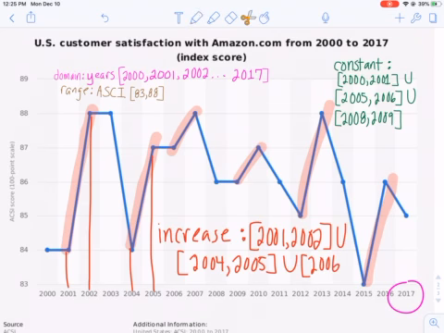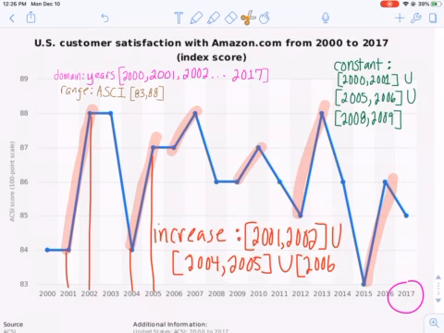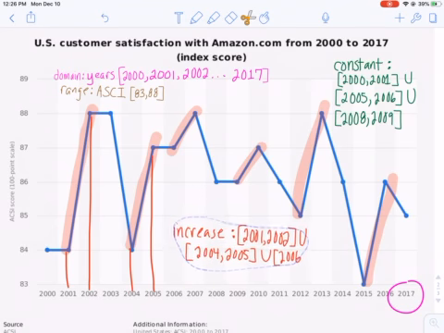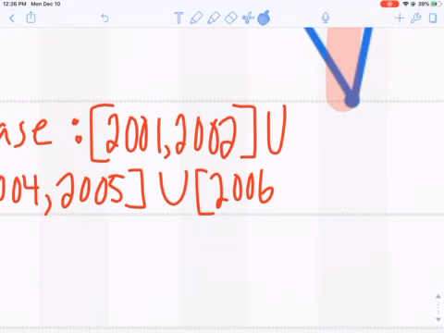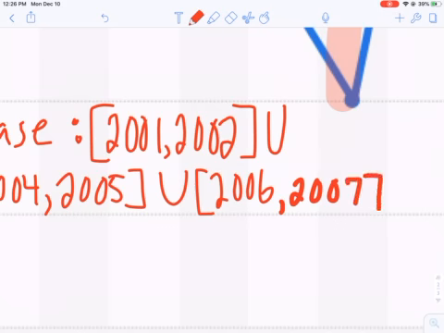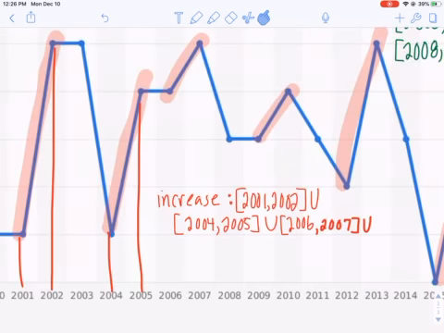And it's already getting pretty big here. I'm getting a lot of them. That's why I did constants first. I had less to do. I knew for my increases I was going to have a lot of them. Okay, so I'm going to squeeze it in here. 2006 to 2007. I'm going to put another U because I've got more. I've got 2009, it looks like. Yep, 2009 all the way up to 2010.